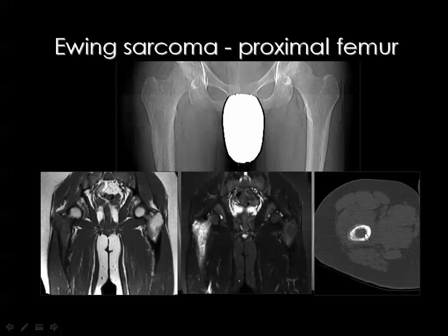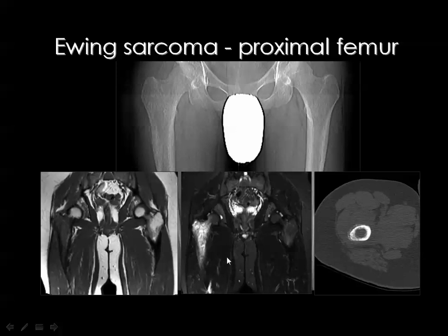The CT shows cortical erosions, shows circumferential periosteal reaction, and the MRI shows a good part of bone marrow invasion, being of low signal in the T1 and high signal in the STIR-weighted images.